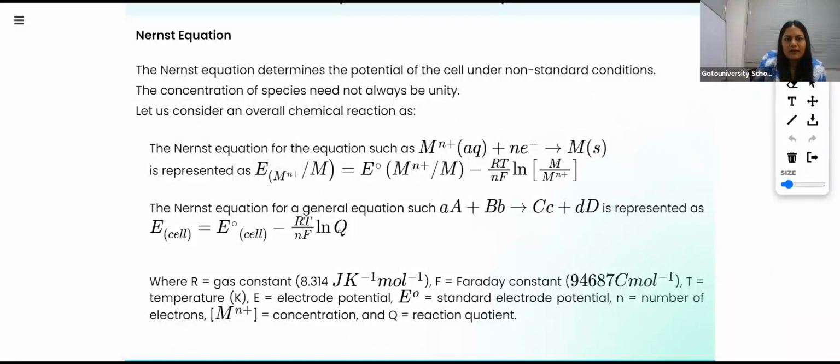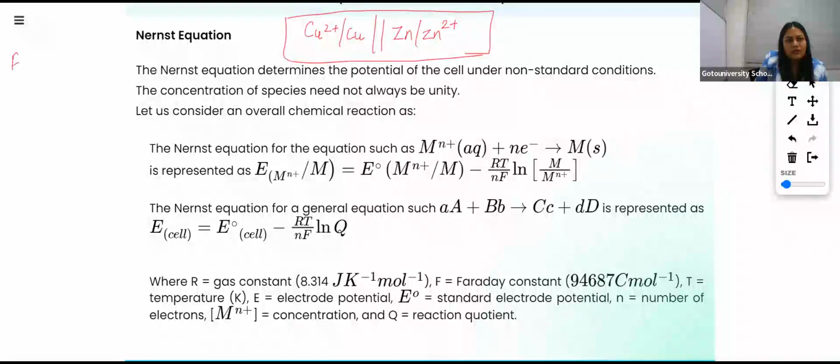How do we write the Nernst equation for that? Copper 2 positive was getting reduced, and zinc was getting oxidized. So let's try to write the Nernst equation for this reaction.